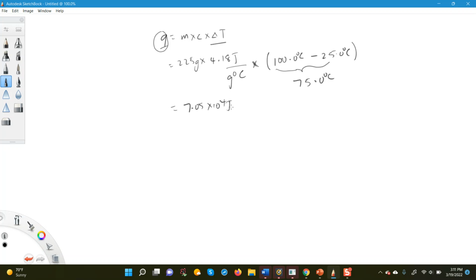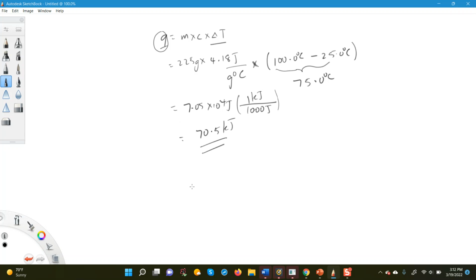And the question is also asking for the answer in kilojoules. So we multiply this by 1 kilojoule above and 1,000 joules below, because kilo means 1,000. So let me do that calculation, divide by 1,000. So that works out to be equal to 70.5 kilojoules. All right, so this particular question is very straightforward.